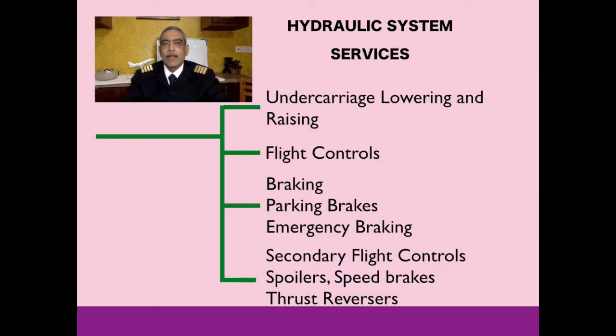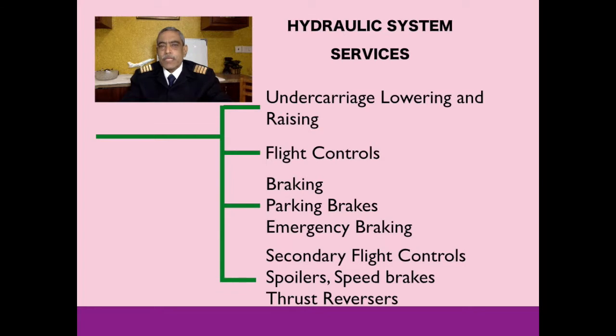The systems that are usually operated by the hydraulic system, as I mentioned earlier: one of the important systems is the undercarriage lowering and raising, and the next one is all the flight controls, all the primary flight controls of the plane, that is aileron, elevator, rudder, in almost all modern jet engines are operated by hydraulic systems.